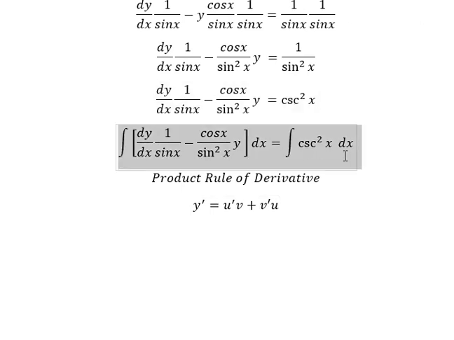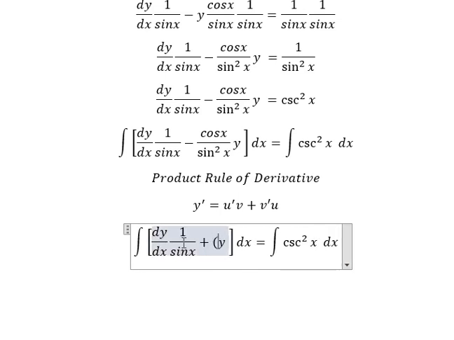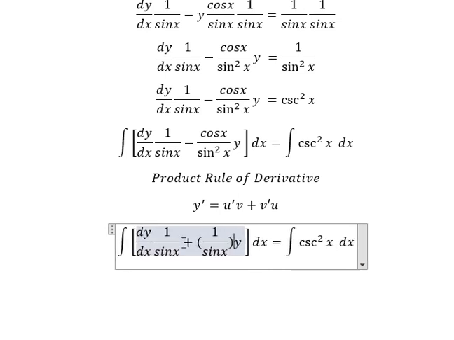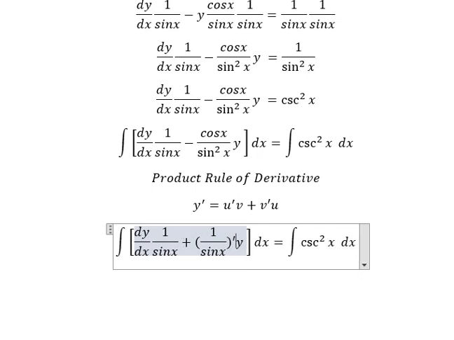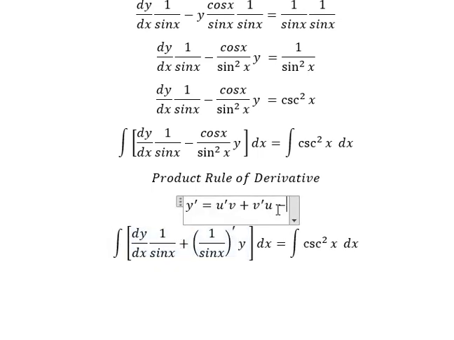So if we look carefully about this one, this is about first derivative of u multiplied by v plus first derivative of v, that's about first derivative of 1 over sine s multiplied by u. So if we do this integration, you got about uv.